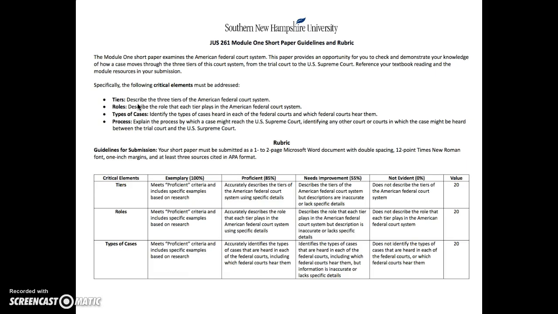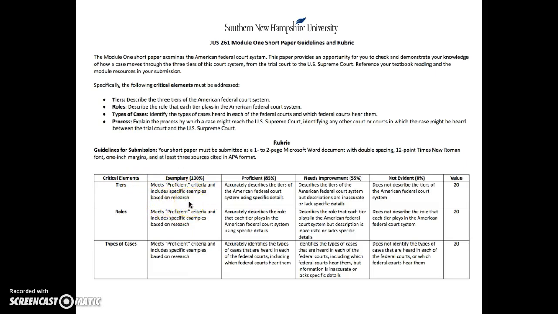Now, in our textbook, you will find information about the number of U.S. district courts within the United States, the number of United States Circuit Courts of Appeals that exist within the United States, and obviously here in this country we just have one national Supreme Court, and that's the United States Supreme Court. As you begin to evaluate these courts and describe them for me, make sure you include some of these specific details because that's going to help you as you include specific examples based on research.